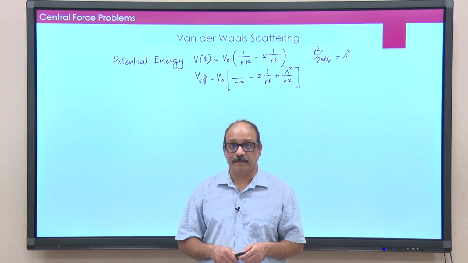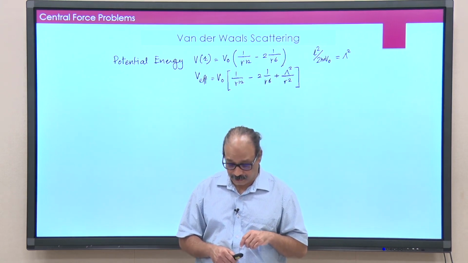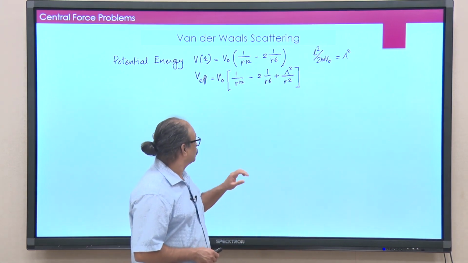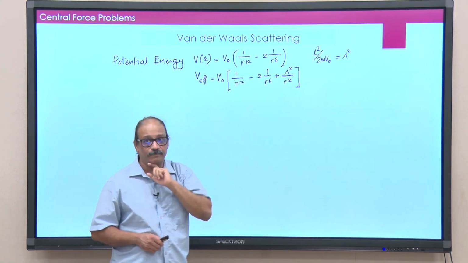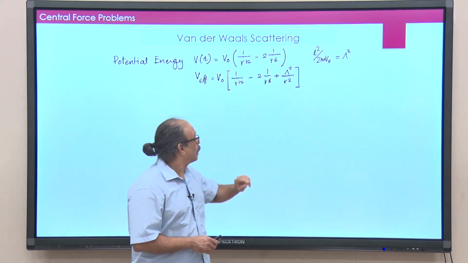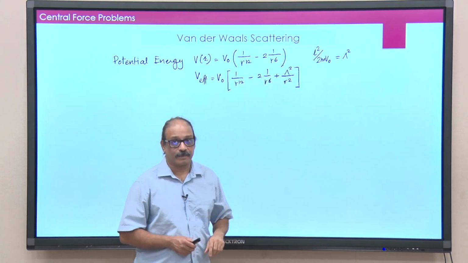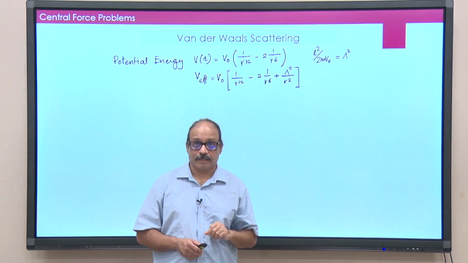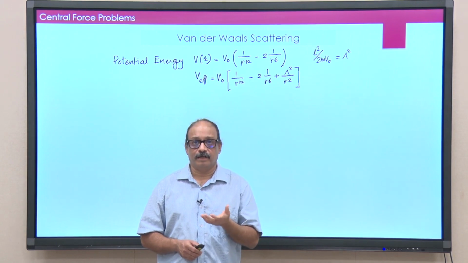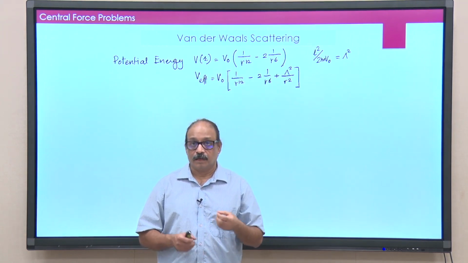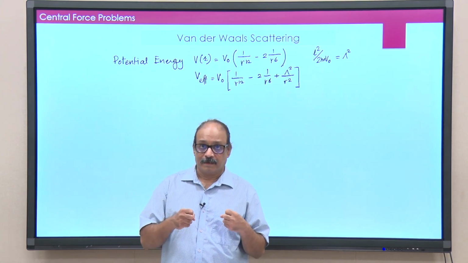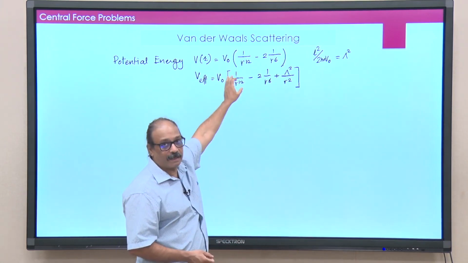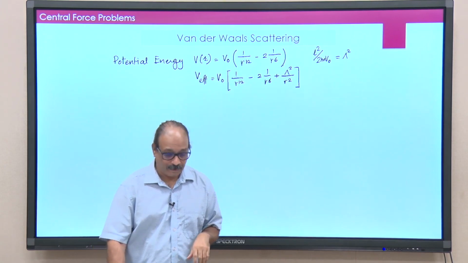So, this is basically a 6-12 kind of problem, van der Waals force, where the potential is given by 1 over r to the power 12 minus 1 over r to the power 6. Okay. This is a very common model for an intermolecular force. So, two atoms bind themselves together with this potential, okay, and form a molecule.